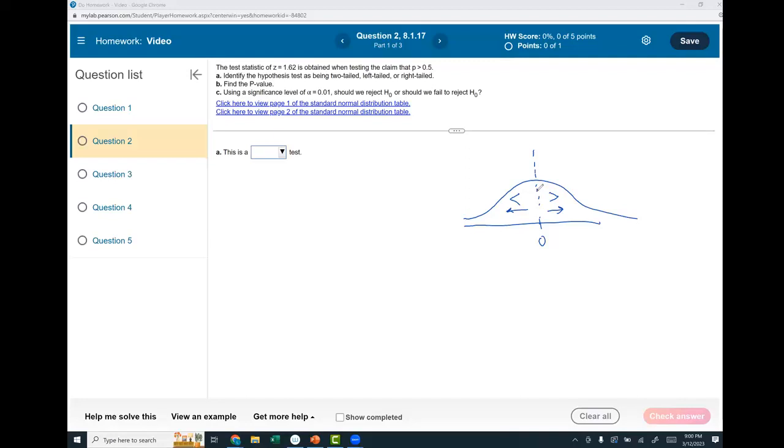What we're saying is that more than half or less than half. I think that's possibly the best way to say it. So this is a right tail test.